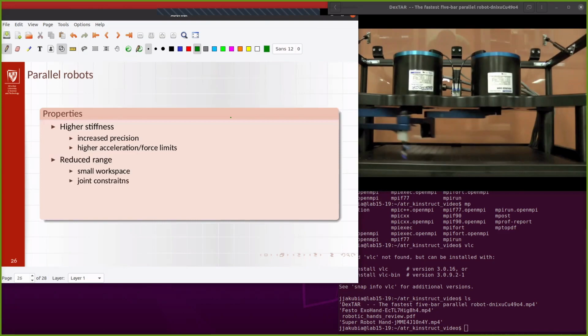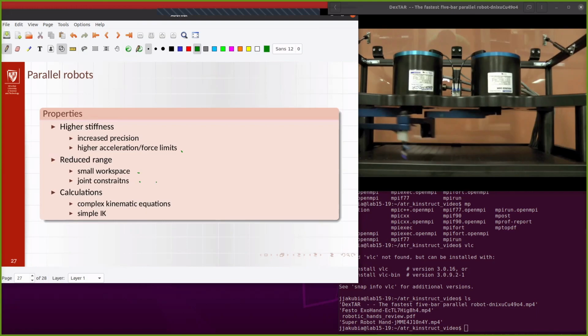Okay, so we already said about the properties: higher stiffness, increased precision, higher acceleration, force limits that we get. We get a small workspace and additional joint constraints.